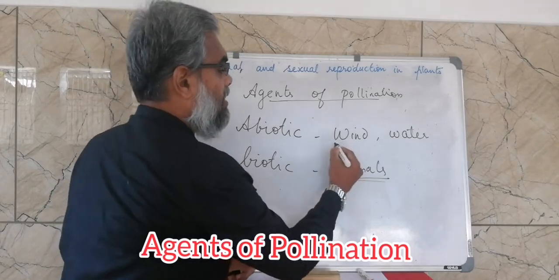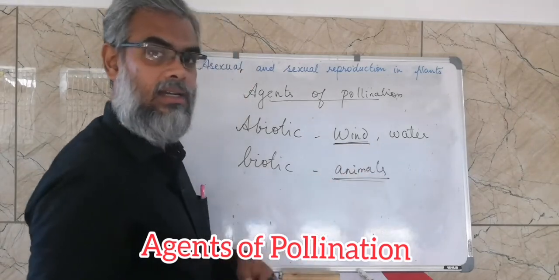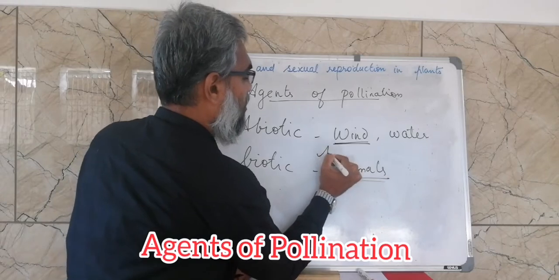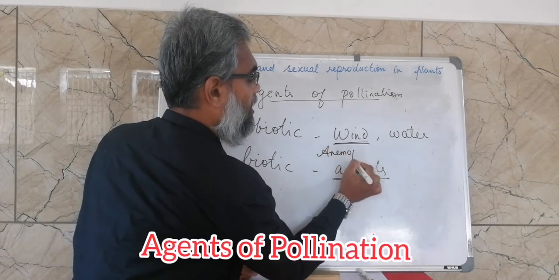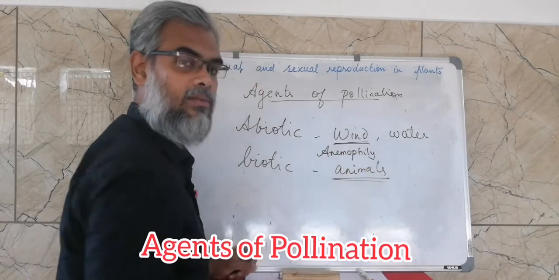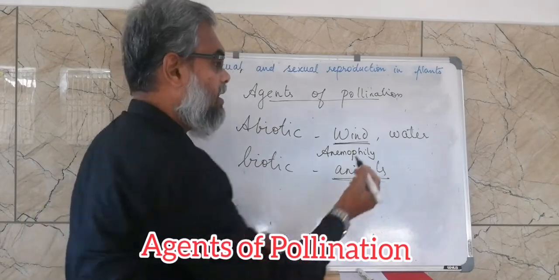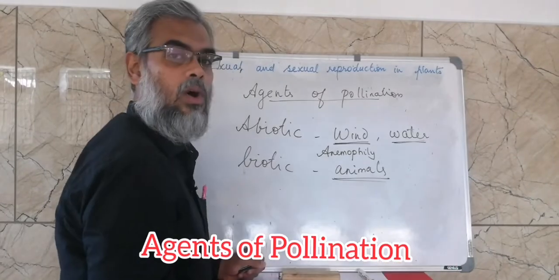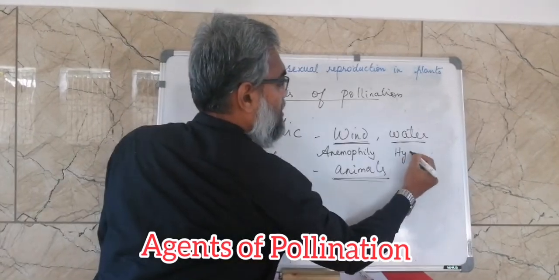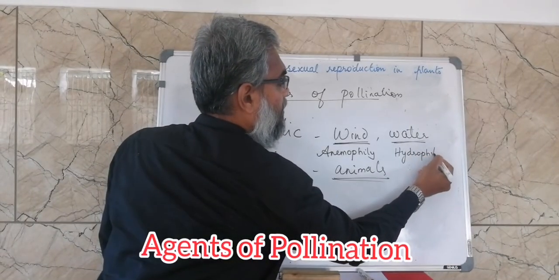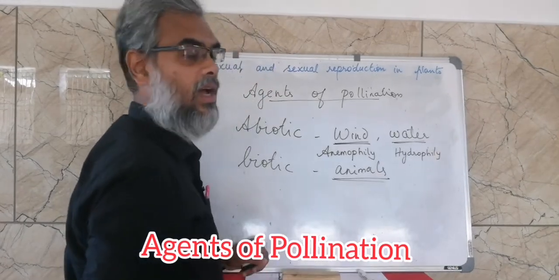When the pollination occurs by wind, that is called anemophily. If it occurs by water, that is called hydrophily.